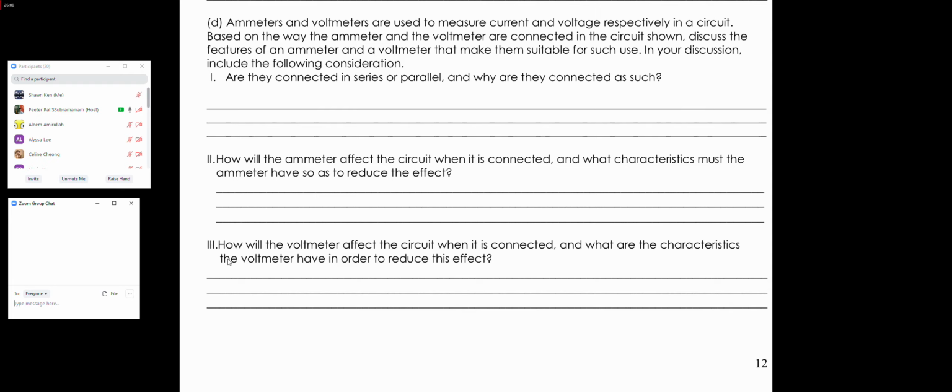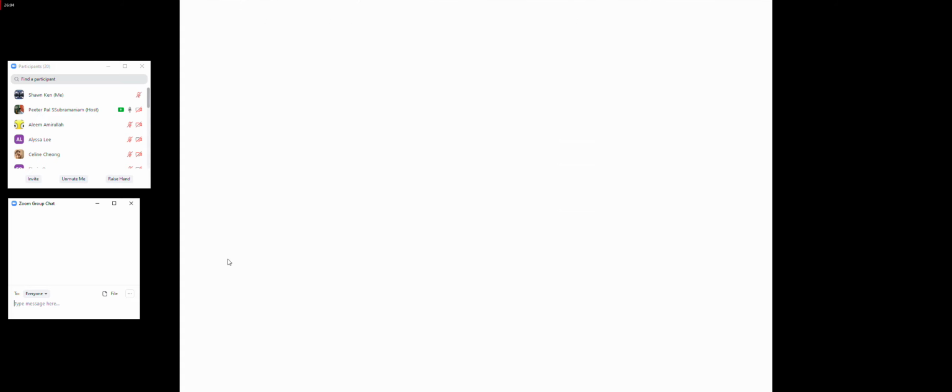Okay, first we go for the basic circuit. This is the electrical circuit.